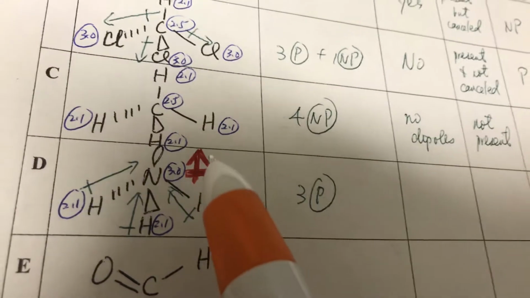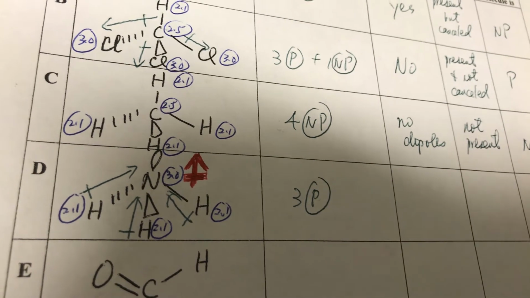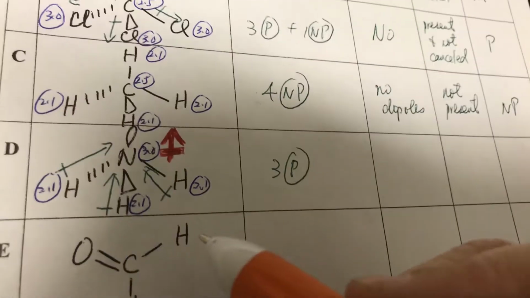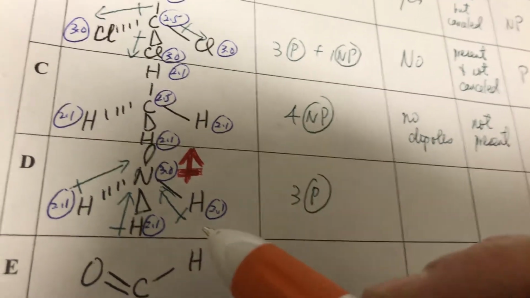Eventually these red things go up. So if this eventually goes up, I have nothing on the bottom to cancel. Every dipole goes up. I have no dipole on the bottom to cancel this red thing. That means my shape for the dipole is not symmetrical.